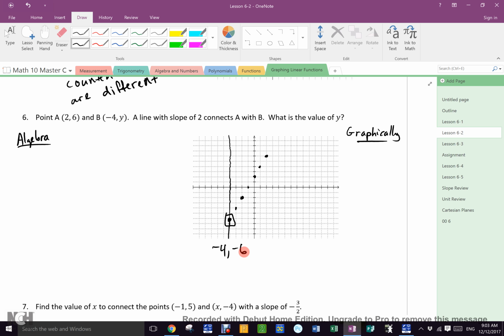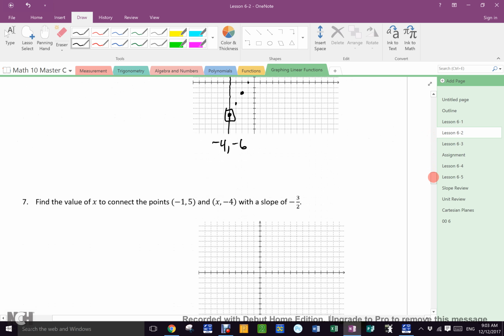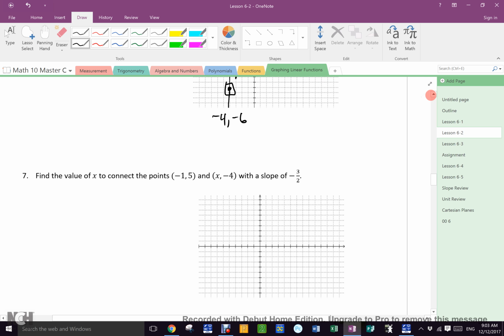Yes? Okay. Now, I want you guys to do what we just did, but on number 7. Do that graphically. Work with your neighbor if you need to. Everybody do number 7 just on the graph. Then we're going to go back and do it with algebra. Okay? Go.